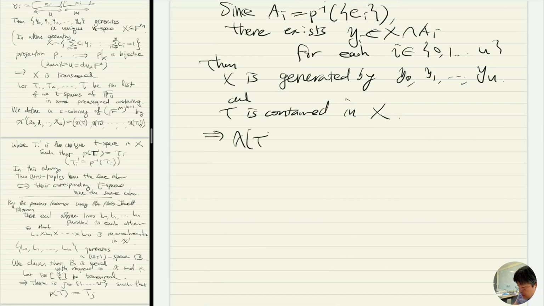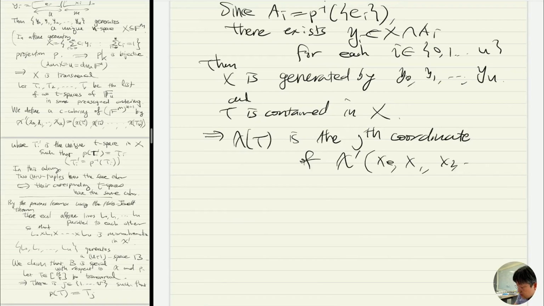Then chi of T, what is the color? It is the J's coordinate of chi prime of X0, X1, X2, up to XU, where Yi is equal to Ei and Xi. Remember?